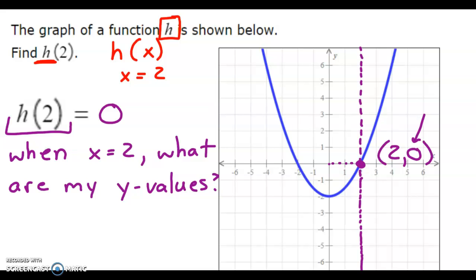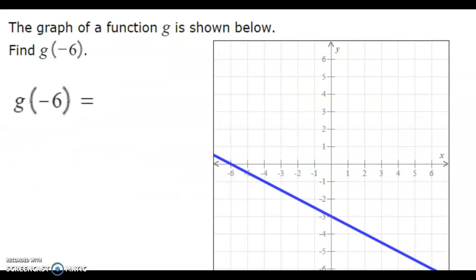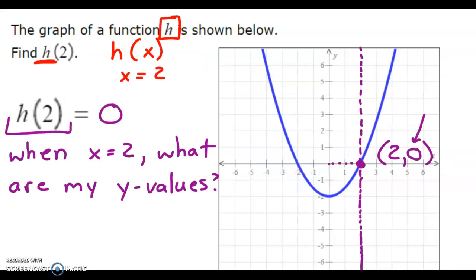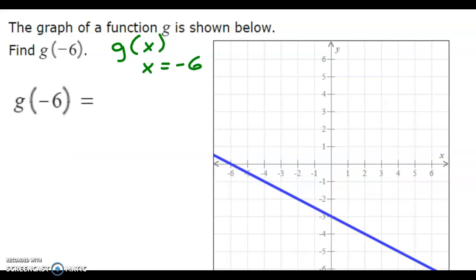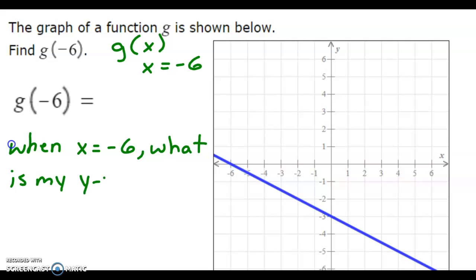Okay, we have another one. So now g of negative 6. Okay, so again, they're telling you that x is equal to negative 6. So how did I word it last time? When x is equal to negative 6, what is my y value?